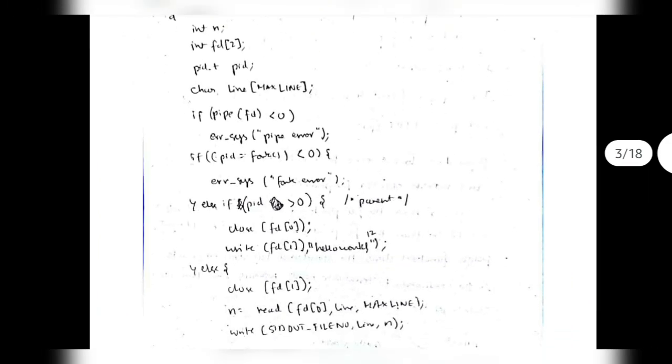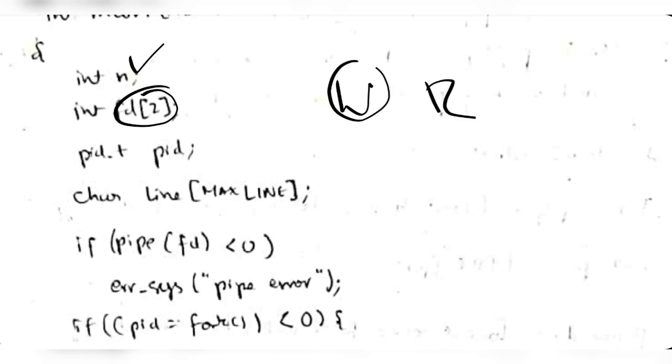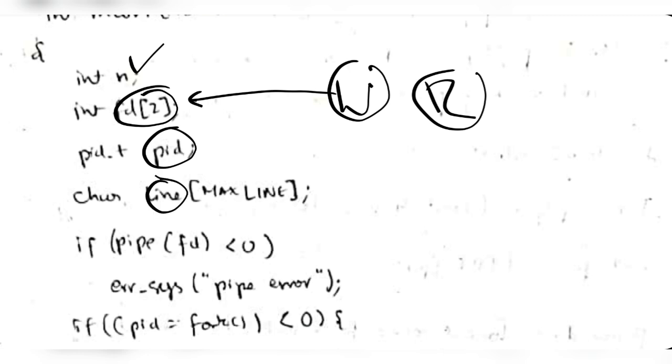In the middle part, if you observe carefully, this is the initialization part and this is the function part. Now in initialization, what all should be there? int n for saving some number, for that we will come back later. fd2 for writing or reading, for saving that data. pid is for the process ID, and char line is for the data you are going to write.